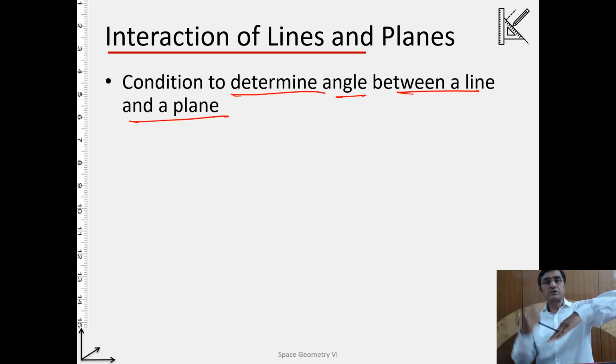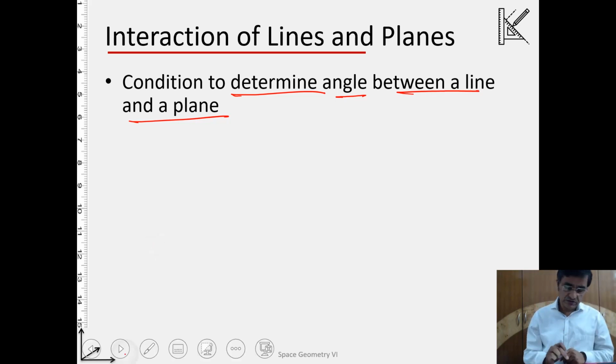So the condition that we saw earlier is, if I can see the edge view of the plane and I can see the line as the true length, somehow if you can project it that way, then on that projection where I see the edge view of the plane and the true length of the line, the angle between the edge view and the true length of the line will be the angle between the line and the plane. So we are making use of this concept. So for this, we'll see a few cases.